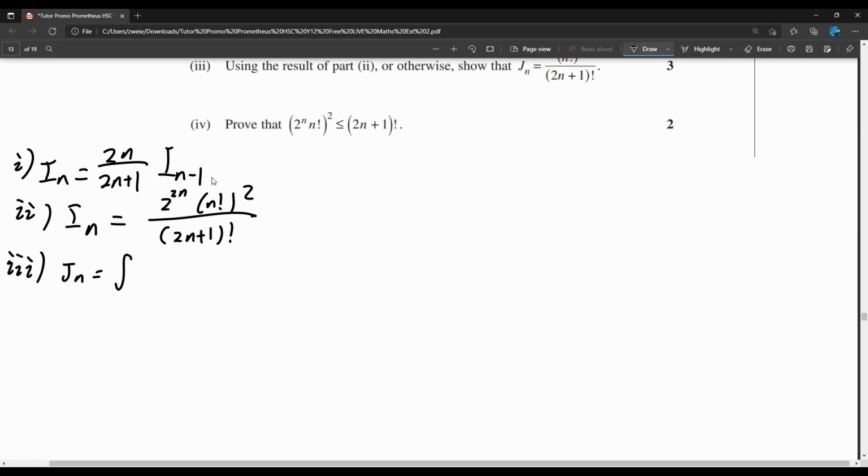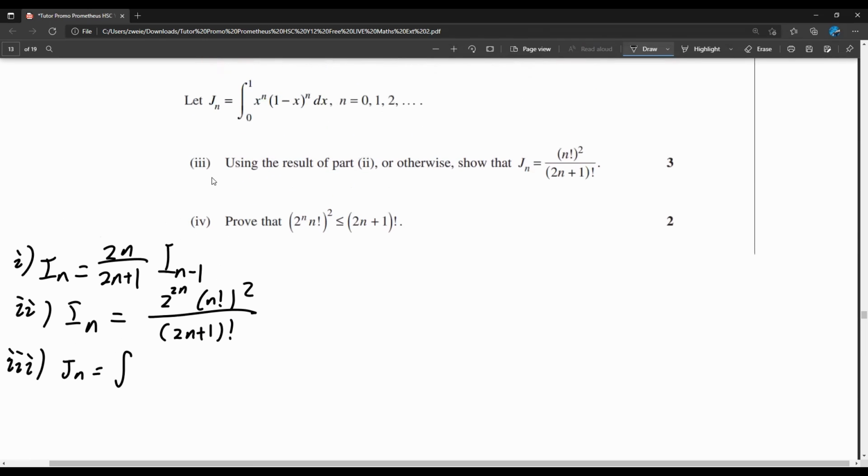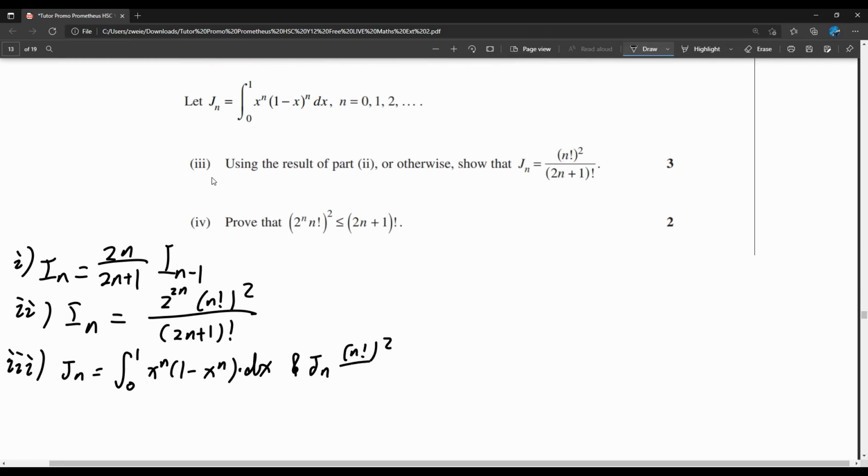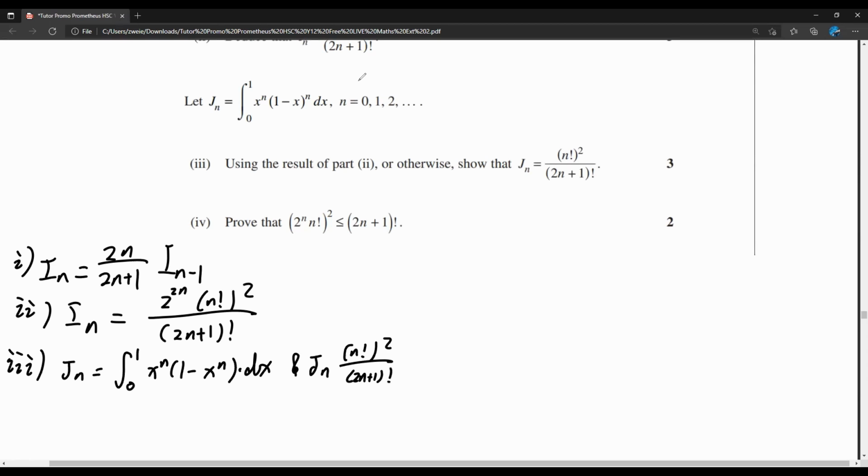Jn is equal to the integral from 0 to 1 of x to the n, 1 minus x to the n, times dx. And we need to prove that Jn is n factorial squared over 2n plus 1 factorial. Now, this will be a relatively simple substitution.